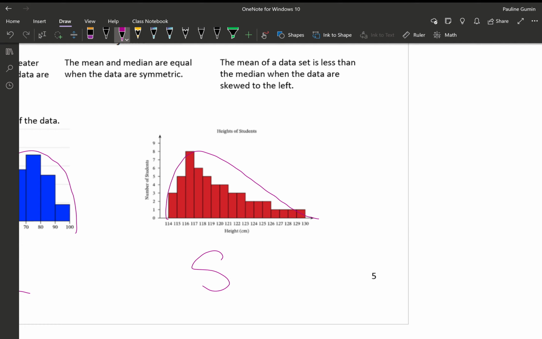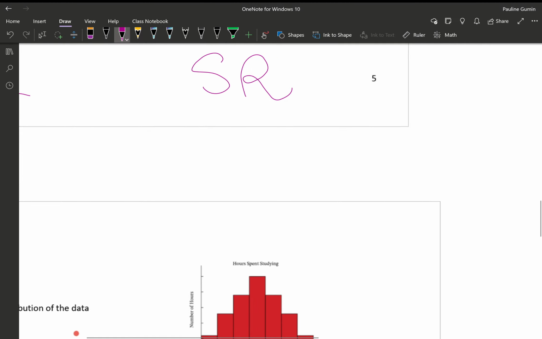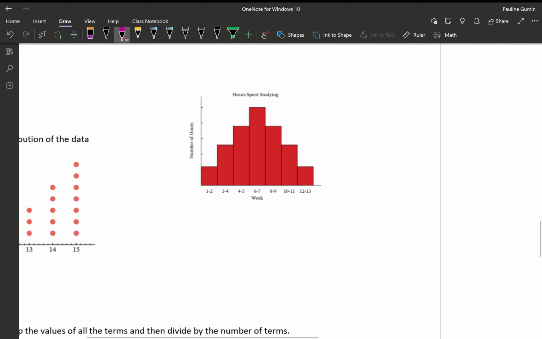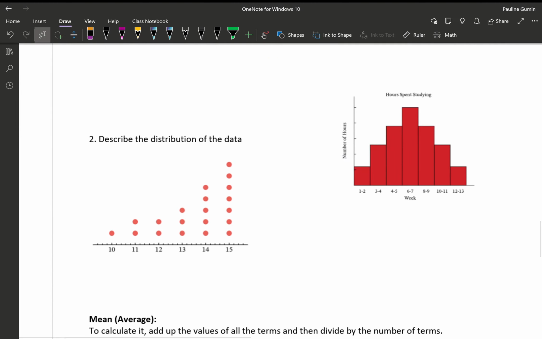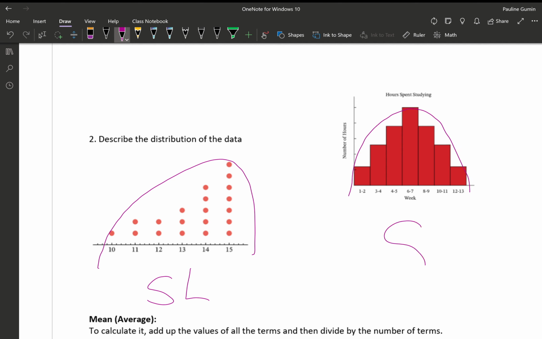It looks like it's skewed to the right. All right, let's take a look at this next set of data. Number 2, let's draw it. It looks like it's skewed left. And lastly, that one is perfectly symmetrical.